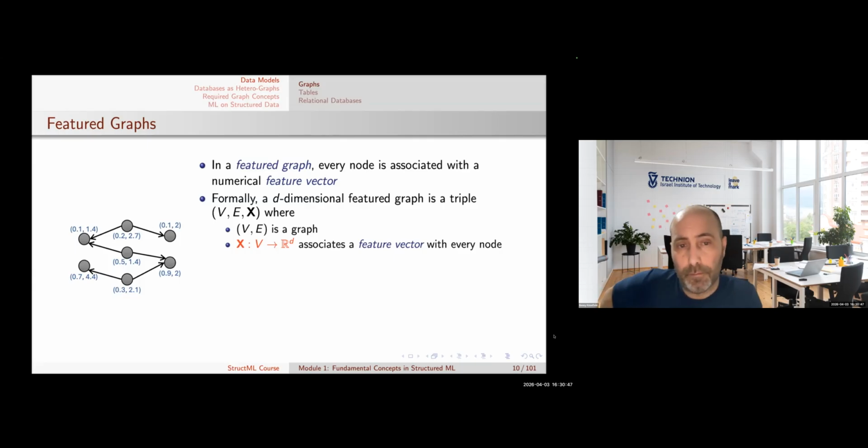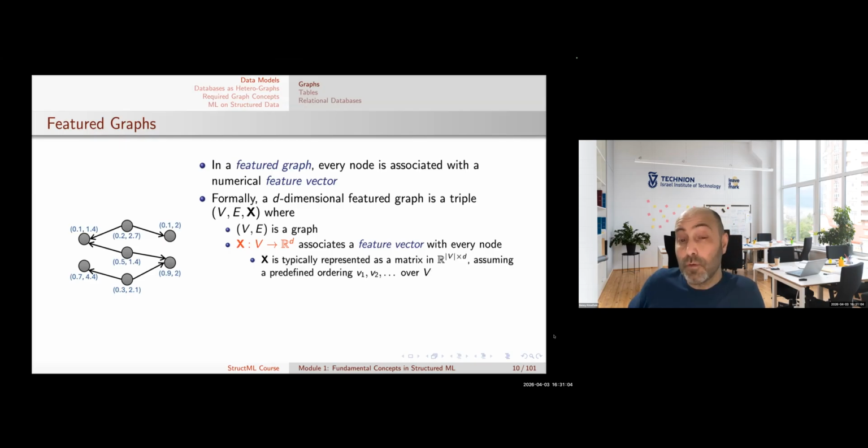If we look at the formal definition, it means that in addition to V and E, we also have this X that maps every node into a feature vector.